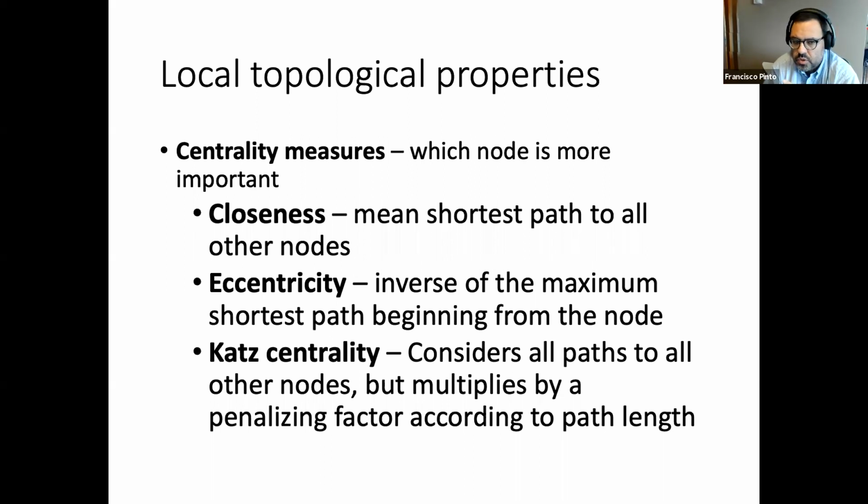In biology, we normally use these centrality measures either to predict new proteins associated with a given phenotype or a disease, or within a cluster of nodes that we know are associated with a phenotype or a disease.